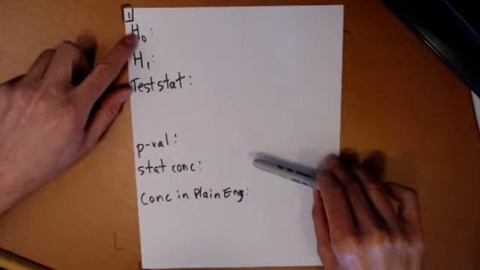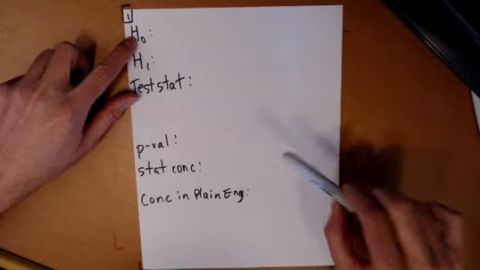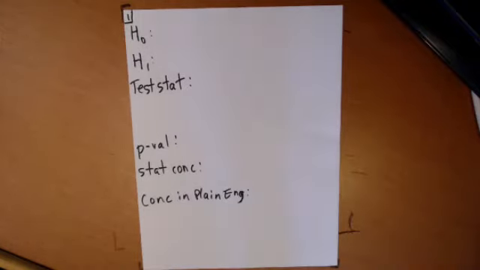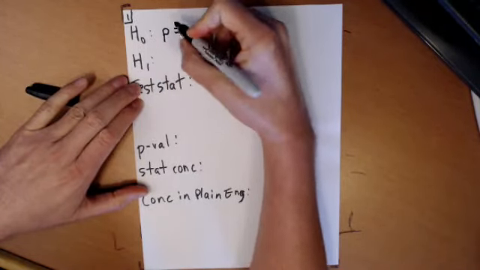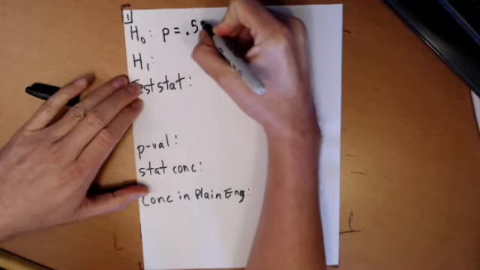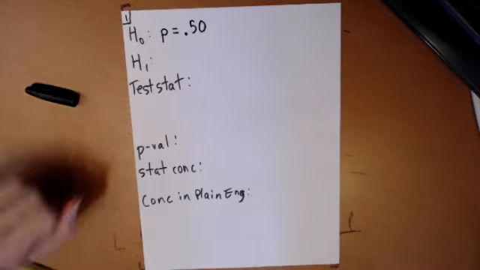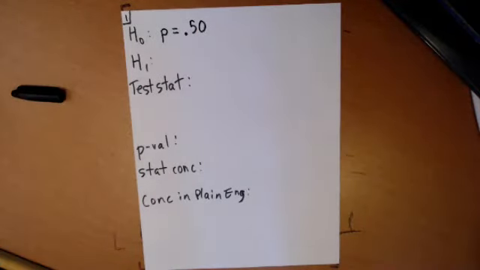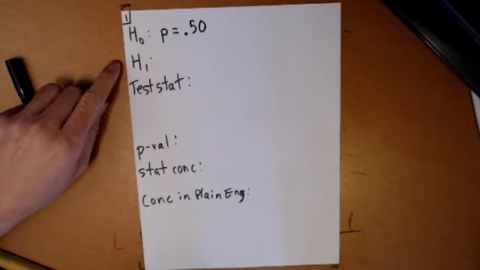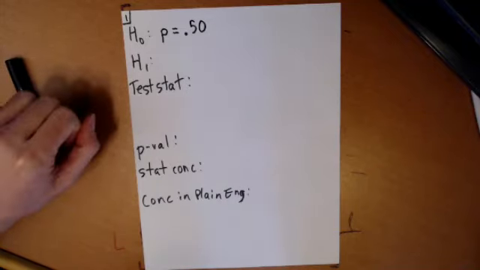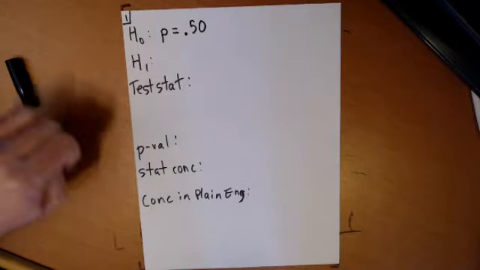So the null hypothesis is, let's assume something to be true. So in this problem, we're going to assume that it's a fair coin. The probability of getting tails is 50-50. So P is equal to 0.50. The alternative hypothesis, H1, HA in some books, is we think that the coin is coming up less than 50%. The wording of the problem is very important.